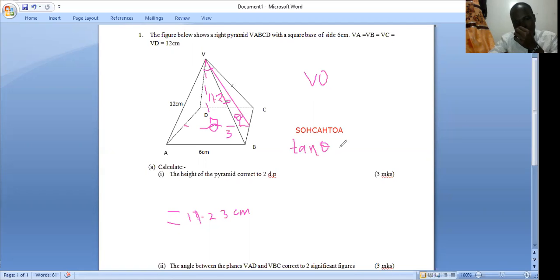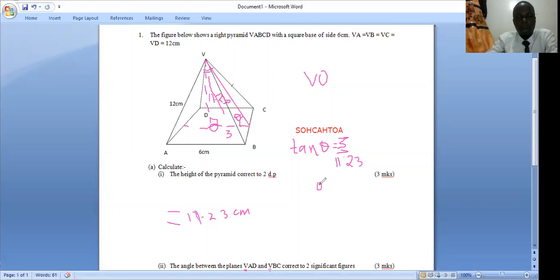Tan theta is equivalent to opposite over adjacent. We have two ways here. Remember V is constant, so the angle must be at the position of V. VAD, VBC. So this is the angle that we want. We can look at this and get it from 180, or we can look at it directly. So the opposite becomes 3, while the adjacent becomes 11.23.